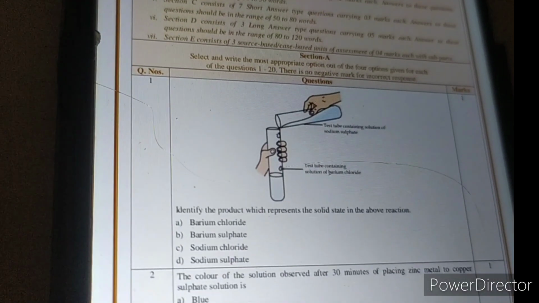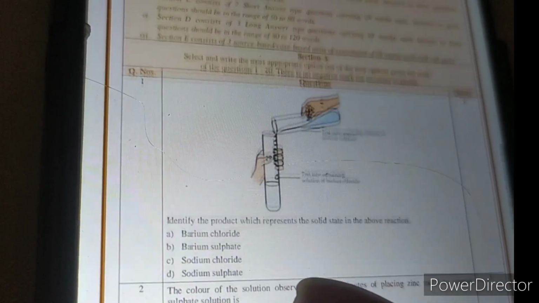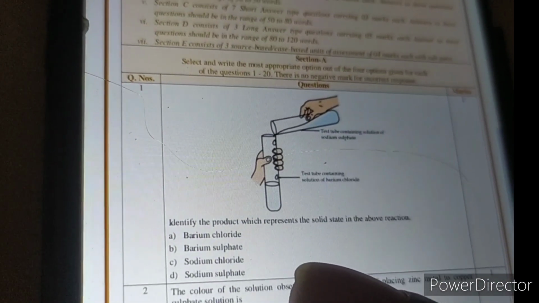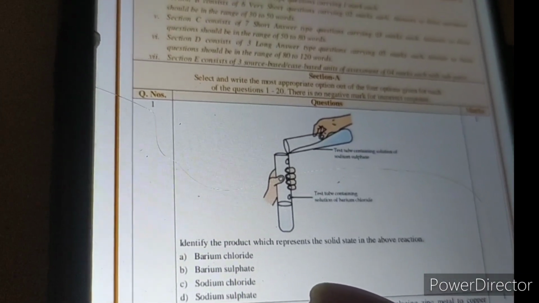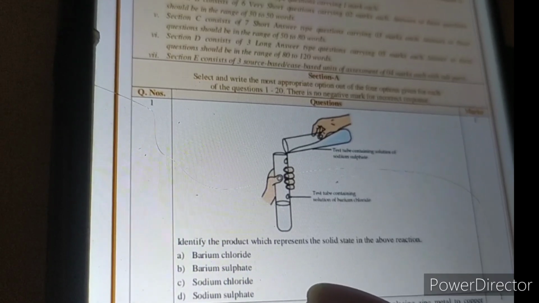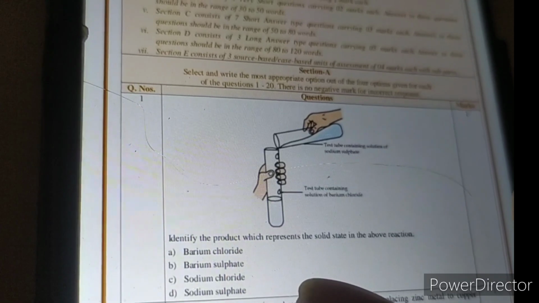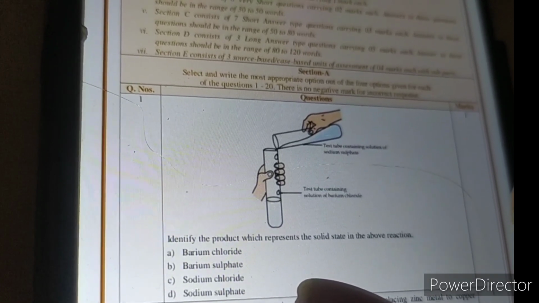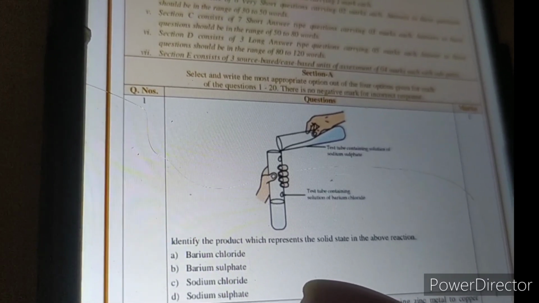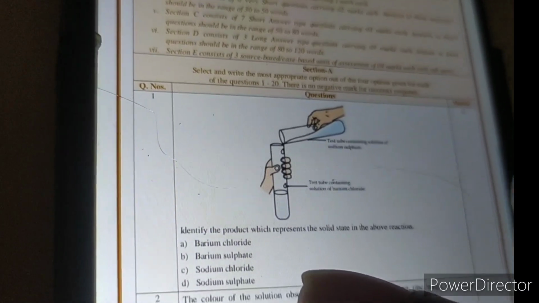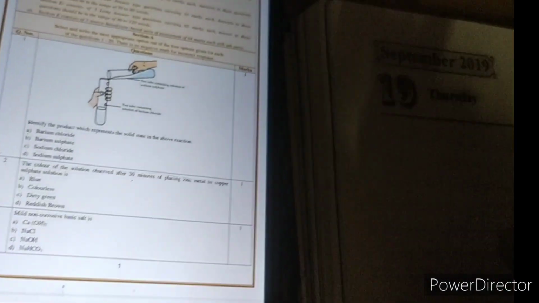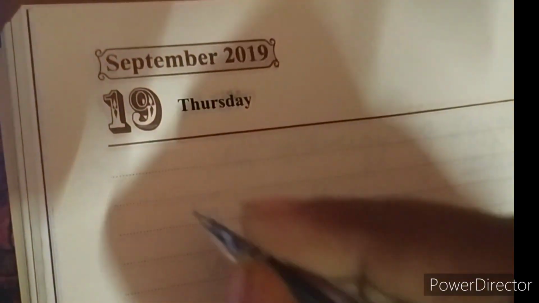Dear students, let's come to question number 1 of Section A. Here you can see a figure in which a test tube has been taken consisting of a solution of barium chloride, in which we are adding another solution of sodium sulfate. Now you have to identify the product. For this we have to write a double displacement reaction, as it is the reaction between barium chloride and sodium sulfate.